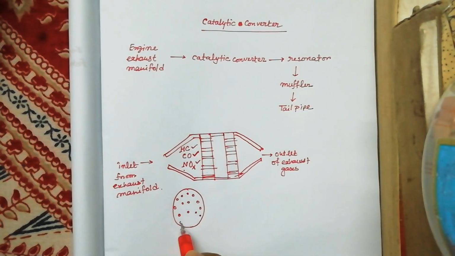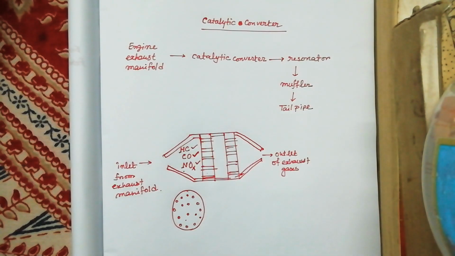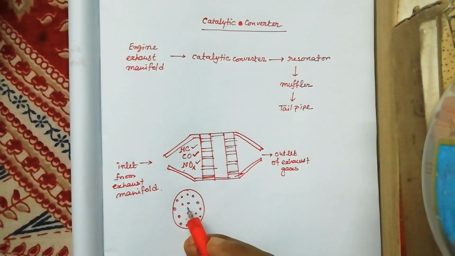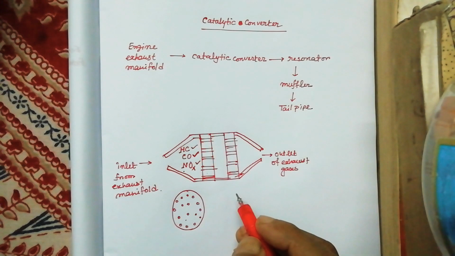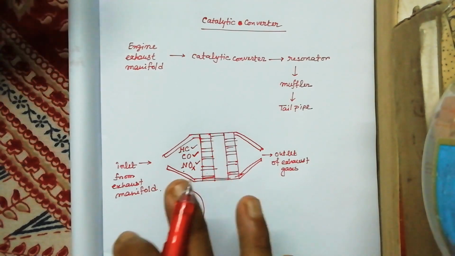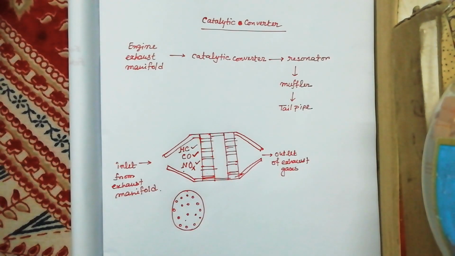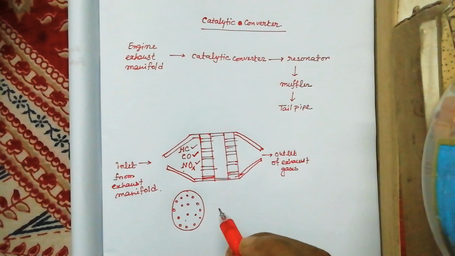The exhaust gases pass through these tubes, and the tubes are coated with a catalyst. The oxidation and reduction processes need metal catalysts, so metal catalysts are used in the catalytic converter.